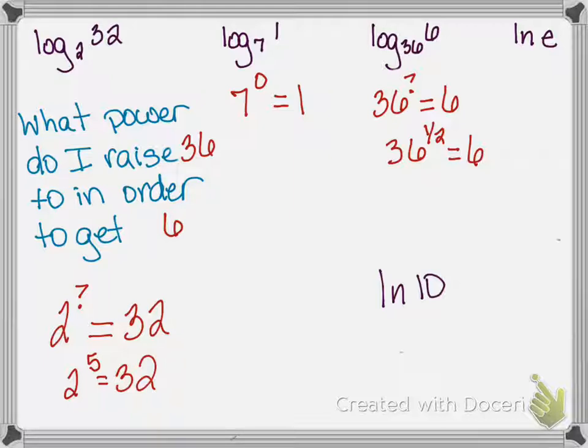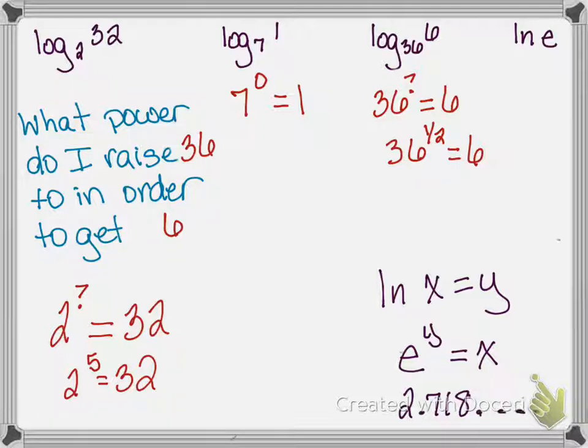When I have the natural log of x equals y, the natural log has an assumed base of e. And this would be e to the y power equals x. That's how that's rewritten.